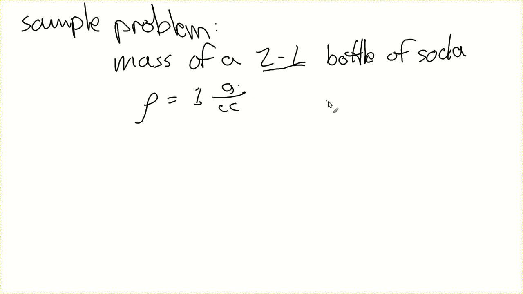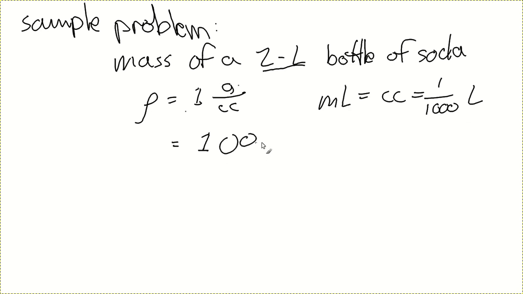Now, I happen to know that 1 milliliter is a cubic centimeter. Since 1 milliliter is 1/1000th of a liter, we can convert this cubic centimeter. What we wind up with is, since the cubic centimeter is on the bottom, we wind up with 1000 grams per liter.